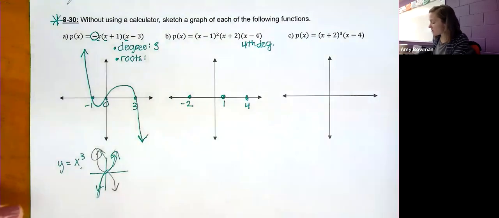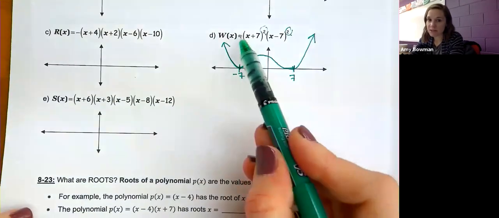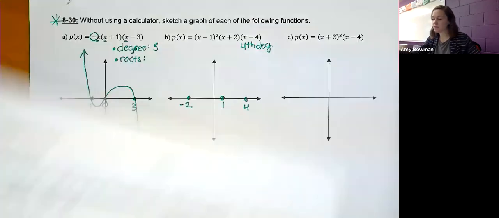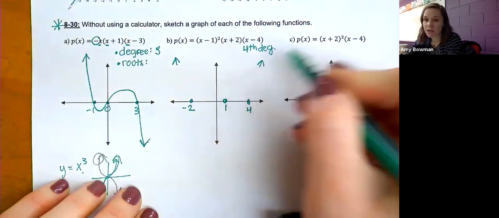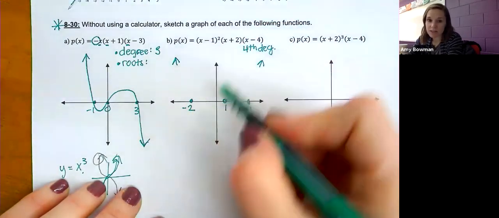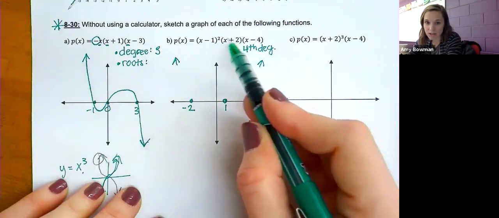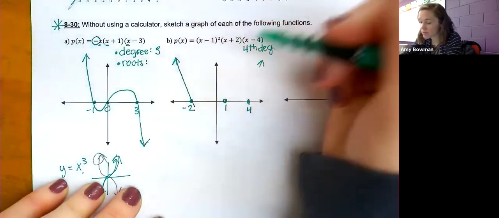So I'm going to think back to, again, the graphs from the front of this lesson right here. So here's a 4th degree polynomial. When they have positive exponent or positive coefficients, they start and end in the positives. So that tells me this graph is going to start up here and end up here. And then I need to figure out what's happening at each of these roots. So at -2, which is just a linear root, it's just going to cross right through it.